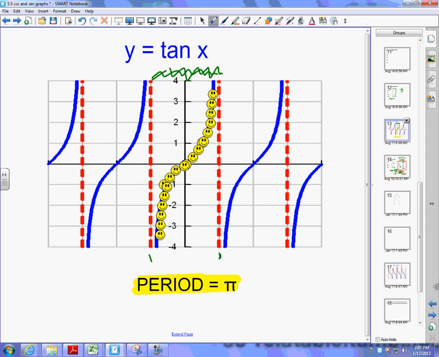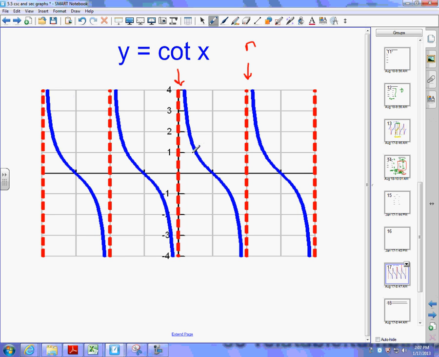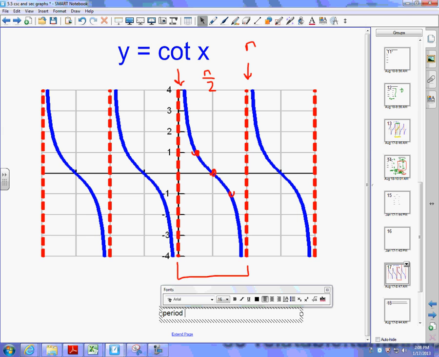So tangents were increasing, cotangents are going to be decreasing. There's the pi/4, 1. There's pi/2, 0. There's 3pi/4, -1. And all I want from asymptote to asymptote, that's one full period. Okay, so same thing again with cotangents.